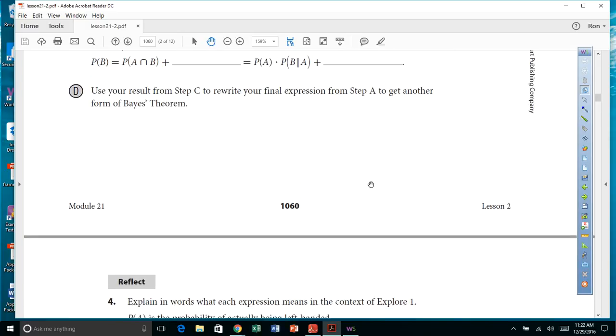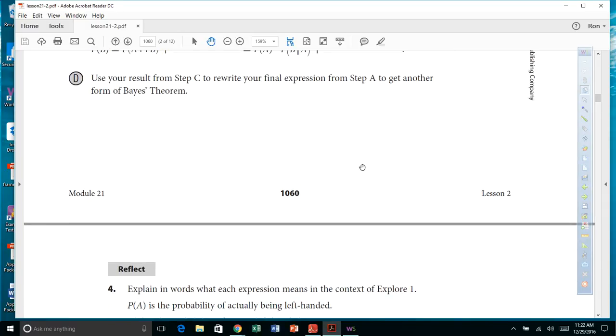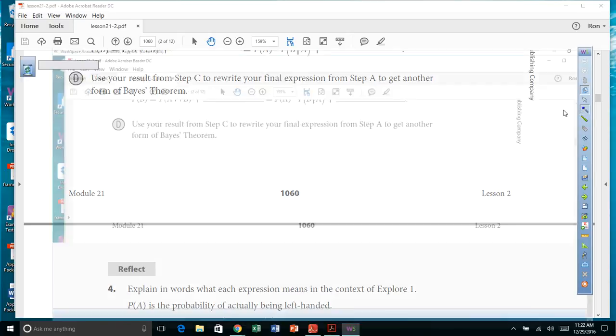Use your results from step C to rewrite your final expression from step A to get another form of Bayes' theorem.